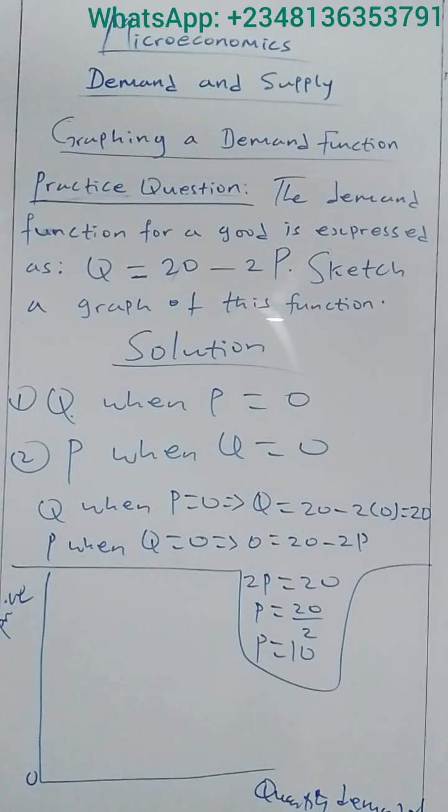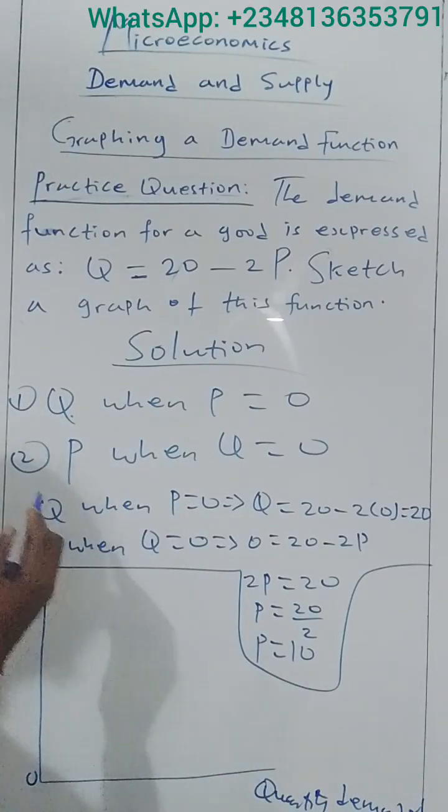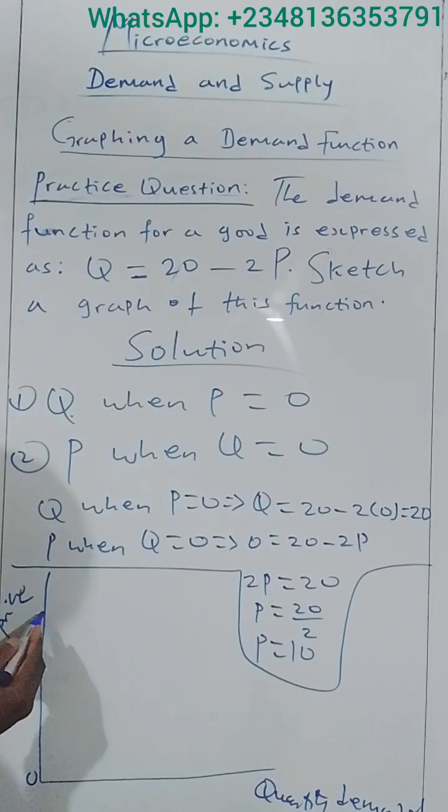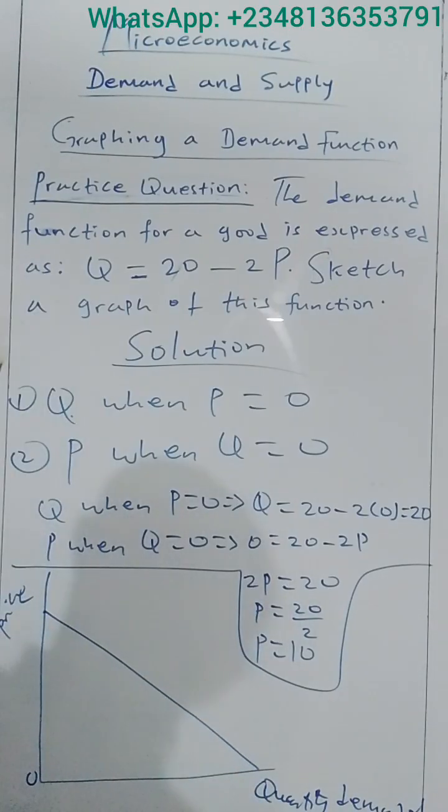So whenever I want to graph this, I ensure that I start from this vertical line. So I draw my demand function here, and I draw my demand curve here. Okay.